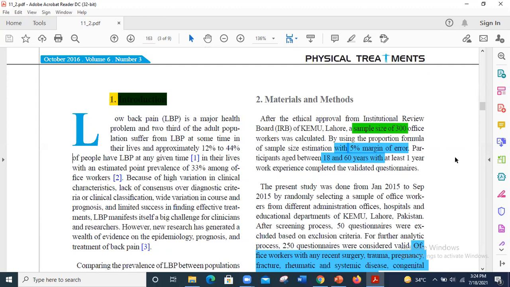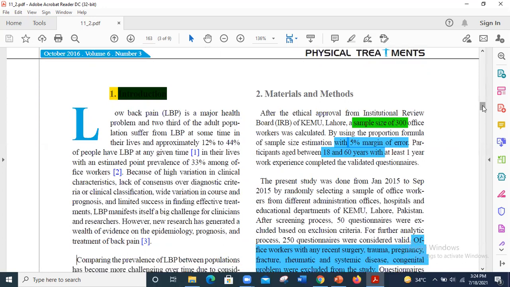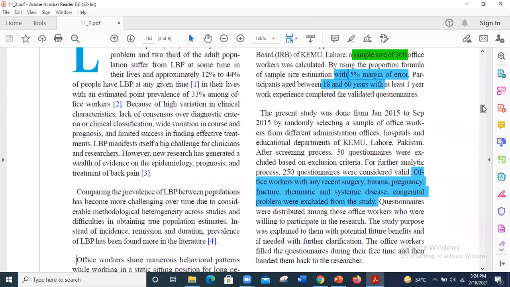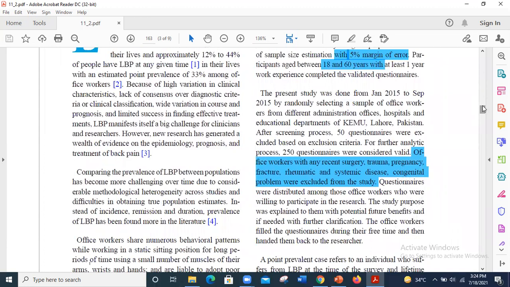Now, what is inclusion and exclusion criteria? Inclusion criteria means a specific set of parameters that I have made, that which type of people can only come to my research. And what is exclusion criteria?